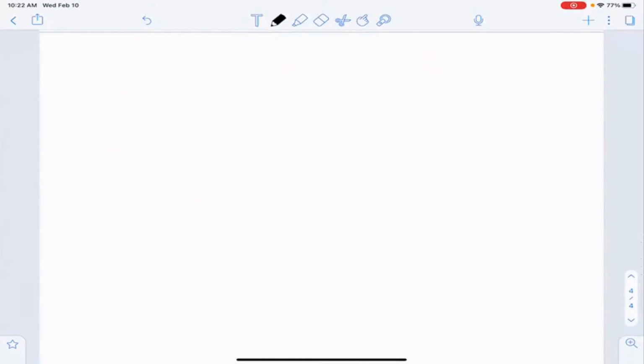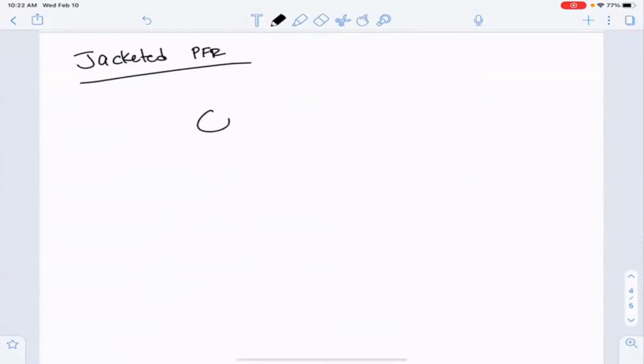Okay, so if not, let's extend this to a PFR, okay? So let's look at a jacketed plug flow reactor, okay? So we've drawn a PFR simply as a tube here, right? Of course, we have flow in, we have flow out. If we draw the jacket, I'll just draw the jacket along this length, right?